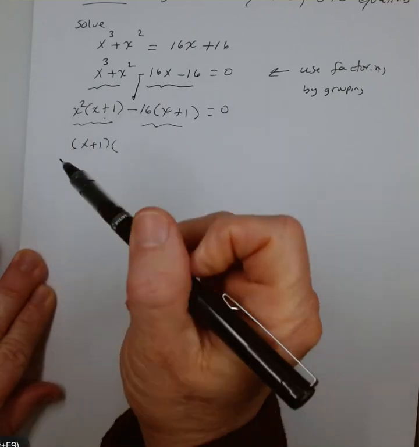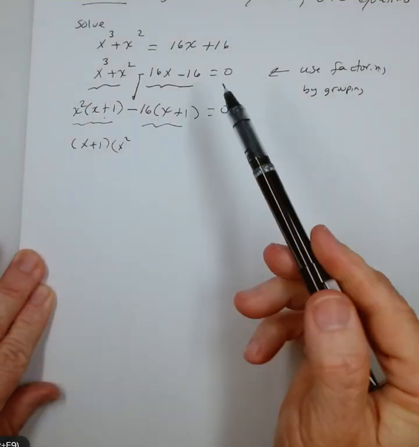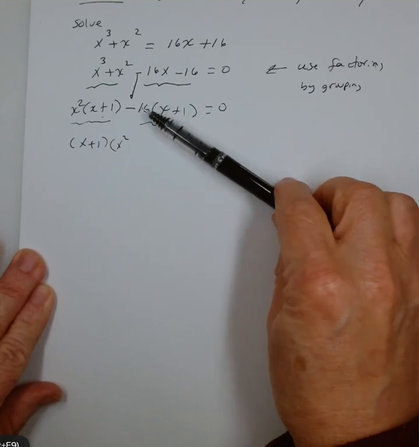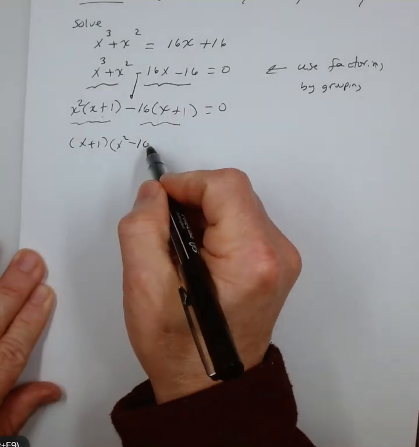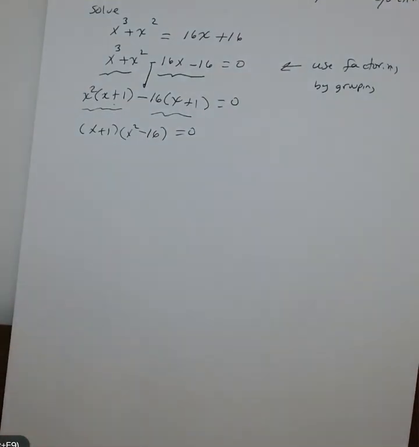X squared. If I factor out this x plus 1, what's left? Minus 16 equals 0. So now what I have is x plus 1 times x squared minus 16 equals 0.